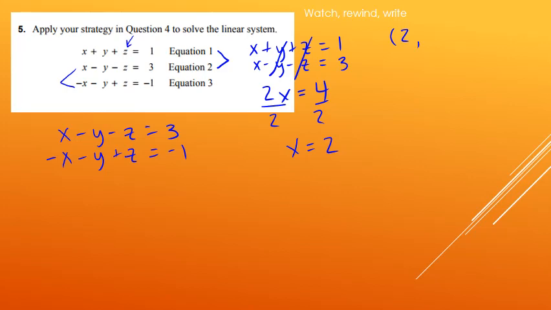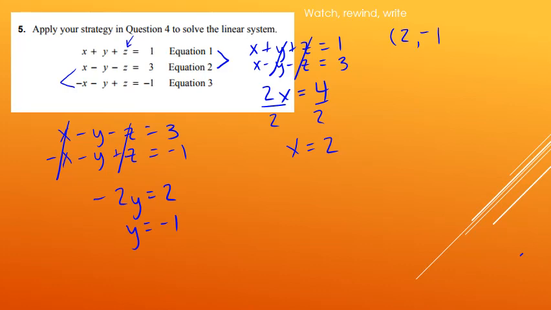Actually, I'll be able to solve for y right now. That would be pretty easy. The x's cancel. The z's cancel. I have negative 2y. Those do not cancel, by the way. Equals 2. Therefore, y is negative 1. So that was actually kind of easy. I already found my x and my y just by doing that.